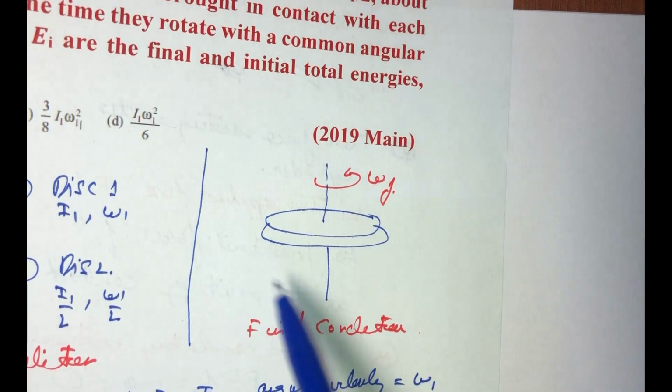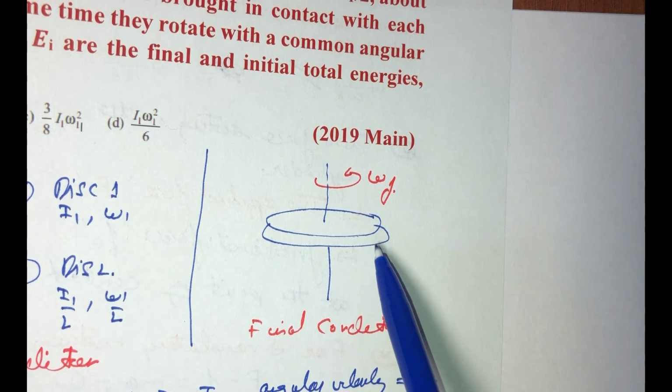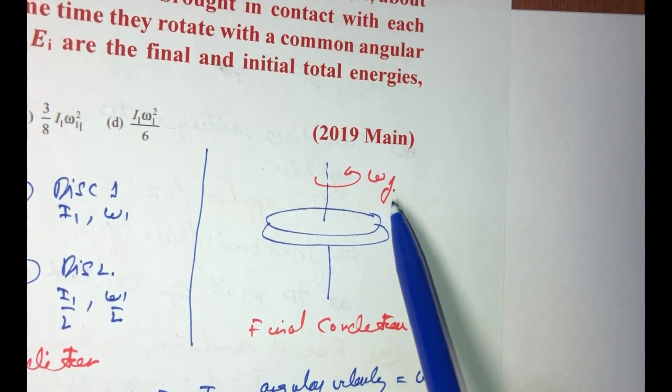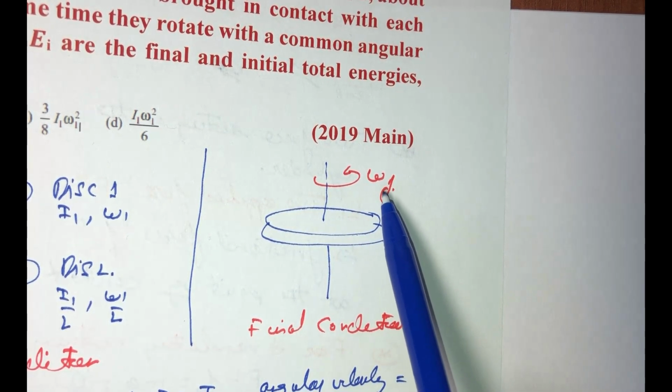Now for the final angular momentum, we assume that both the disks are in contact and they will be moving together with the angular velocity of omega f.